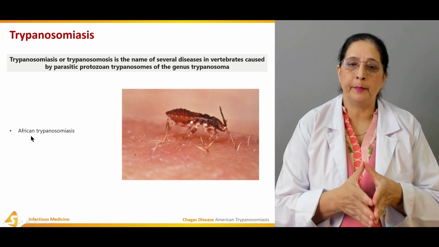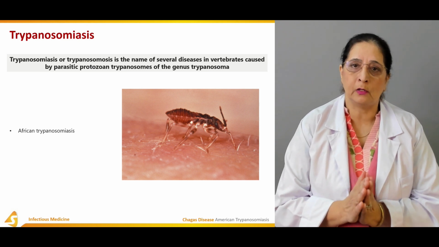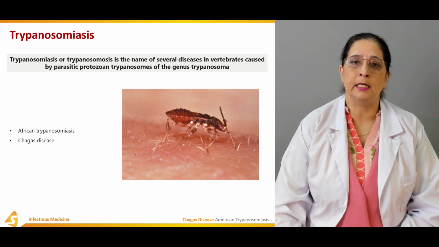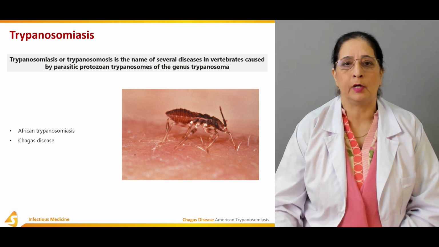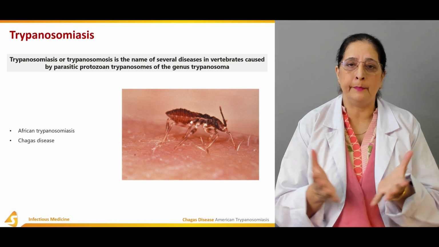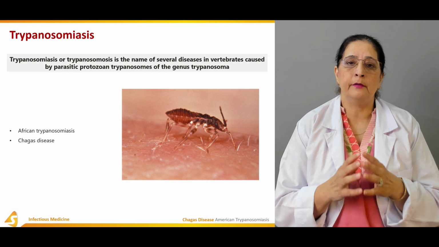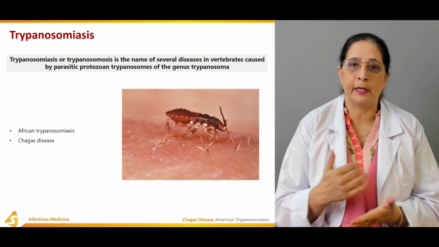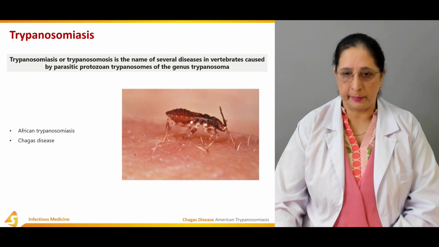Besides American trypanosomiasis, we have African trypanosomiasis, and then we have Chagas disease, which is the American trypanosomiasis caused by Trypanosoma cruzi. Depending on the epidemiology or the area covered by the Trypanosoma, we divide it into African trypanosomiasis and American trypanosomiasis.